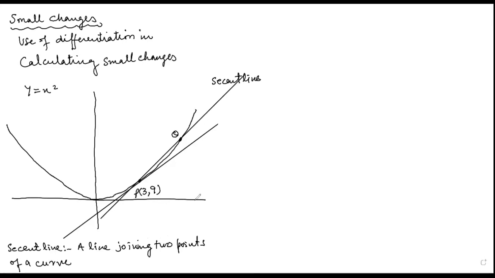Now, what is the gradient of the tangent line? The gradient of the tangent line is dy over dx is equal to 2x, and dy over dx at x is equal to 3 is 6. The gradient of the tangent line is 6.